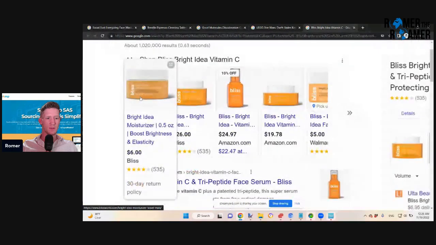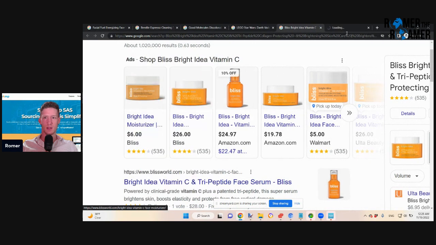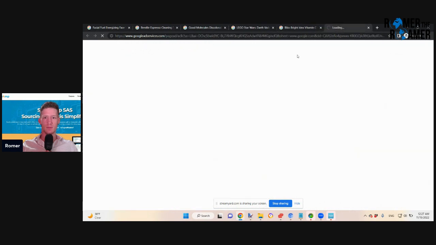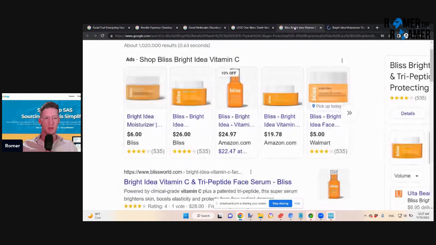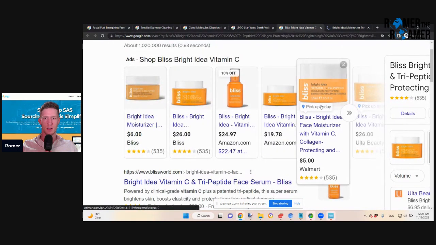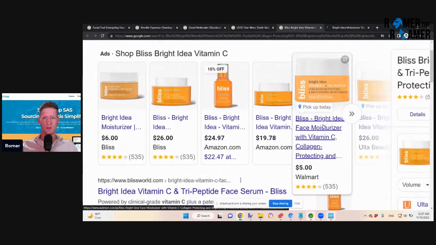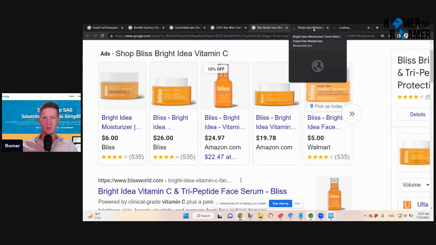Yeah, 15 milliliters for $6 on bliss.com. So we're just looking at Google Shopping and we're seeing what results it returns for us. Looks like one's also coming up on Walmart for $5. That would be even better.